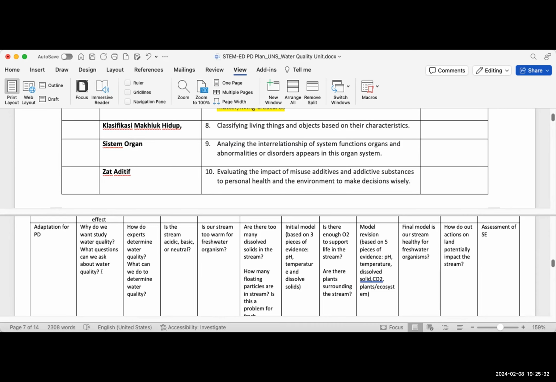If we show them the video or the phenomena, I do not really believe that they will be eager to ask questions. So in this part, we also want to find another way to encourage the students to ask questions, because sometimes it's a bit silent and quiet during the first session.